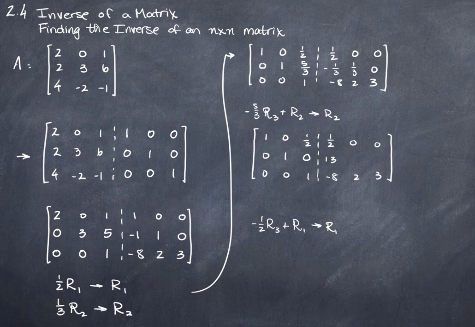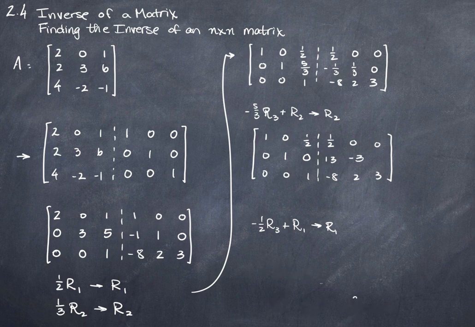So that's my first 4 entries. My next entry is negative 5/3 times 2 plus 1/3. That is negative 10/3 plus 1/3, which is negative 9/3, which is negative 3.